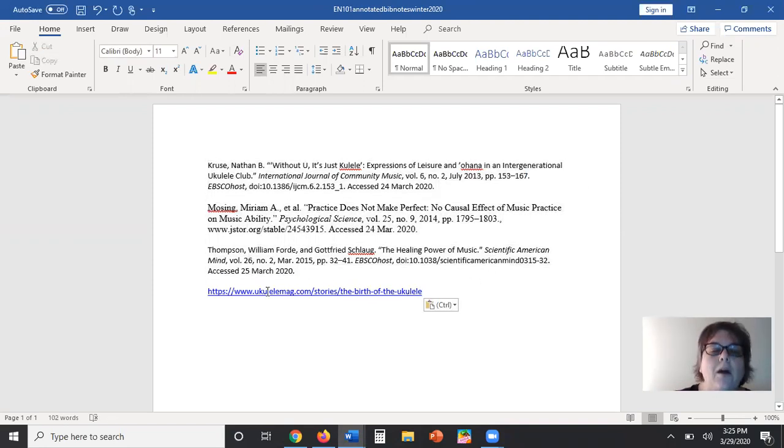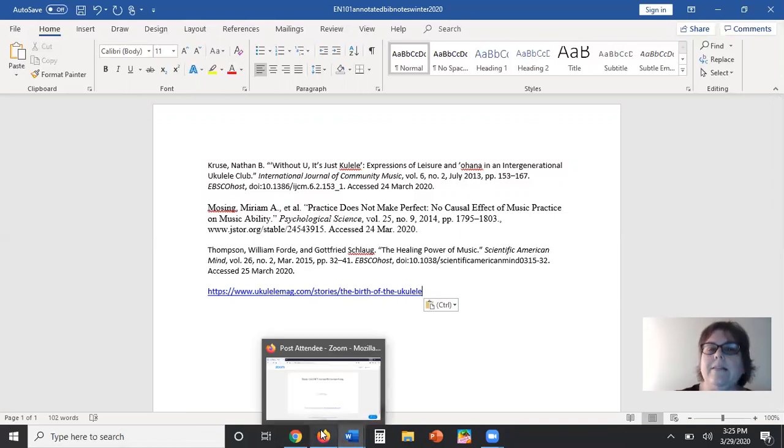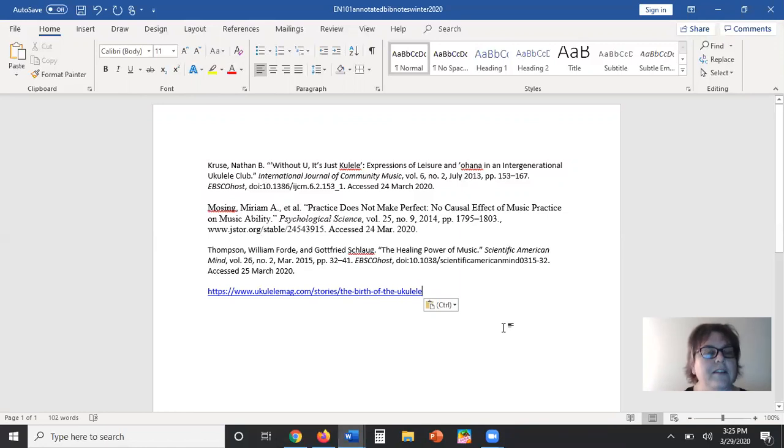I want to just park this here for now so that when I have time to go back and look at this particular source to evaluate whether or not it's going to be useful to me, I can find it, right? So I'm just going to copy and paste the URL. That's okay. It's not a .gov, it's not a .org, and it's not a .edu though, so it doesn't really fulfill that part of the assignment for the annotated bibliography.